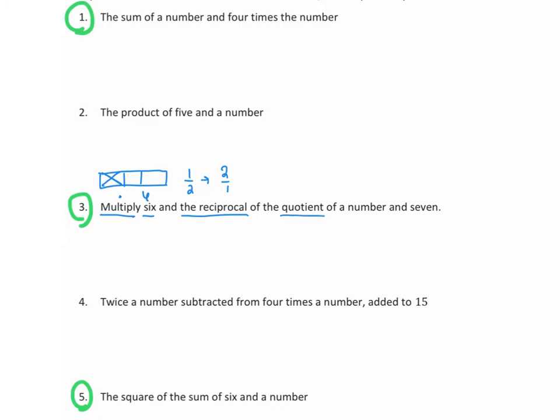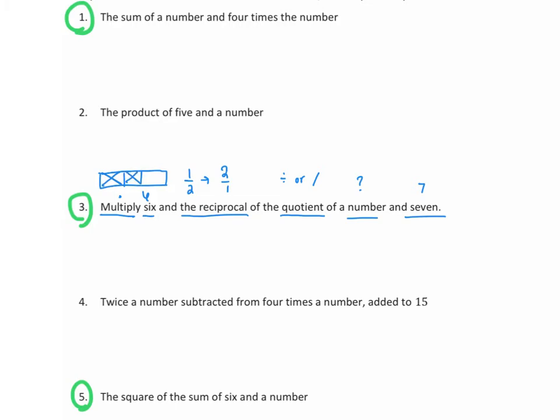The quotient, which means divide or fraction. The reciprocal of the quotient of a number and 7. So I know 7 is obviously 7, but I don't know what the number is. It doesn't tell me. So this is probably going to be my unknown variable.